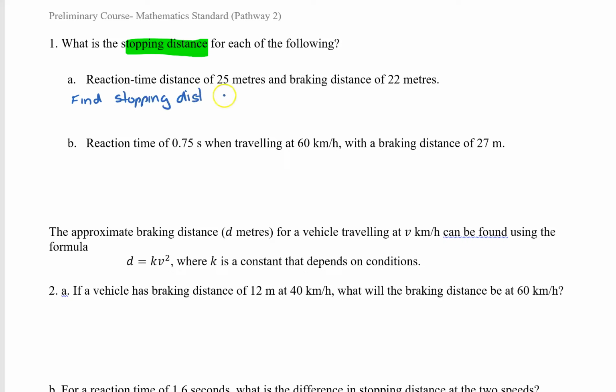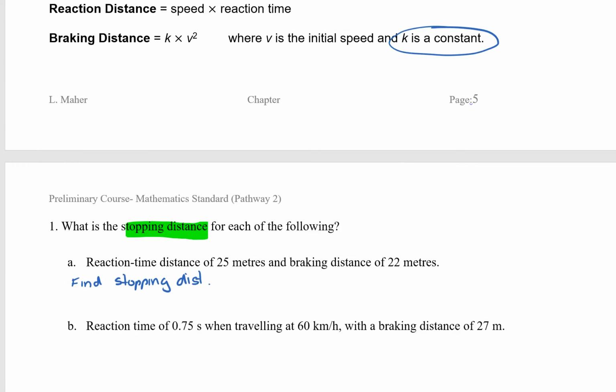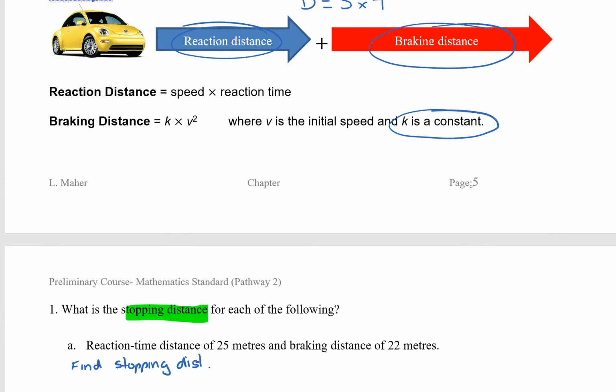What connection do I make when I see those words? Well, the stopping distance is your reaction distance plus your braking distance, so for me to get the stopping distance, I have to know the reaction distance and the braking distance.